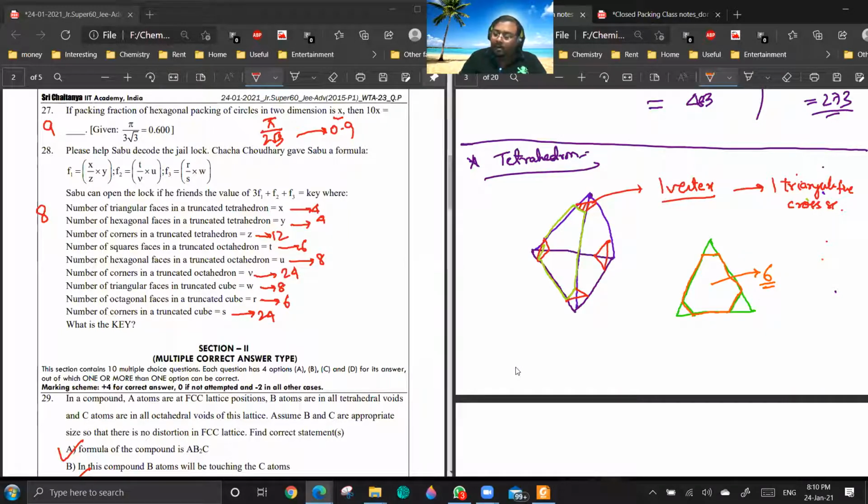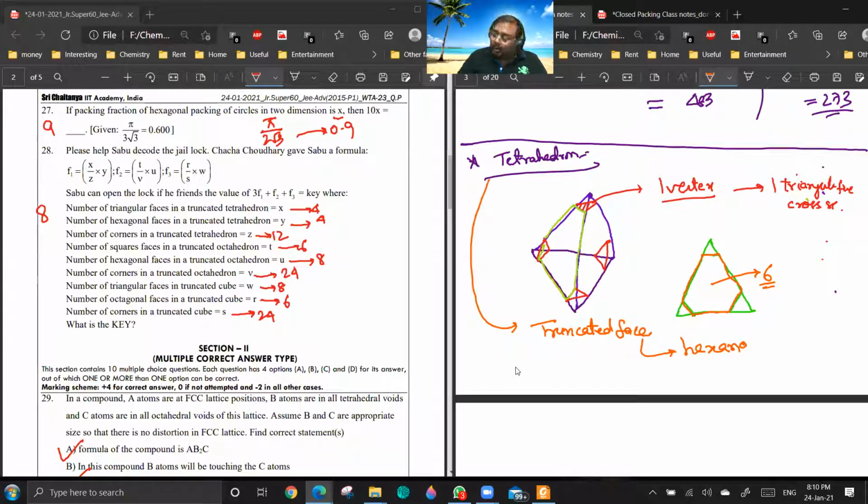Now, how many faces in a tetrahedron? 4. So the number of hexagons will be 4 also. In a tetrahedron, the truncated face is what? Hexagon. So the number of truncated faces will be equal to the number of original faces.